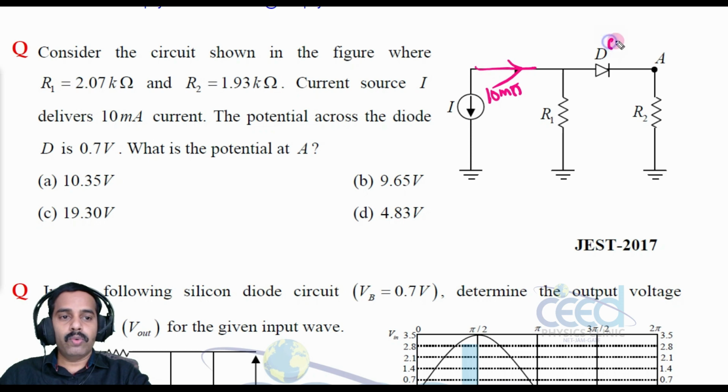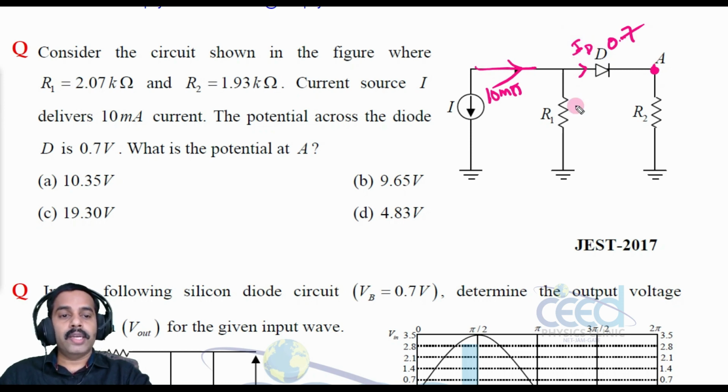The diode voltage is given, that is 0.7 volt, and we need to find the potential at this point. Suppose the current through the diode is ID.